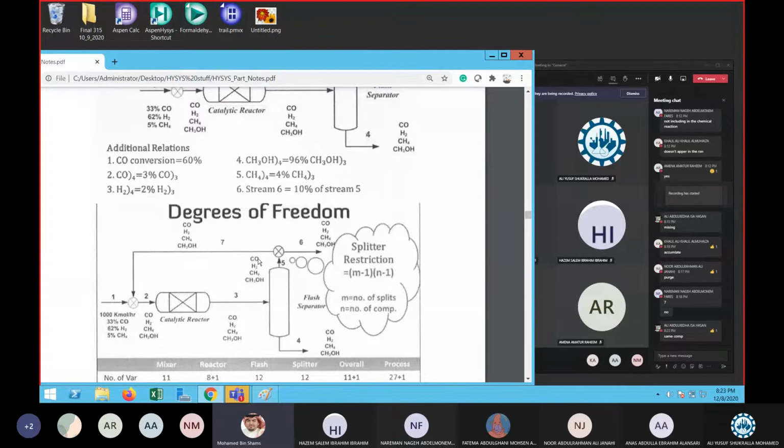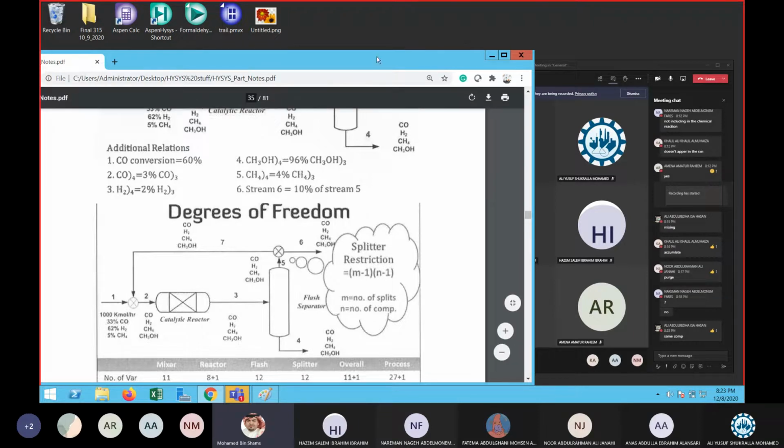Shabab, the composition of these species is exactly the same here as well as here. We take this into consideration by what's called the splitter restriction or the splitter relation, if you like. Basically, the splitter restriction will facilitate the calculation, so I should consider it among the given relations in our problem.